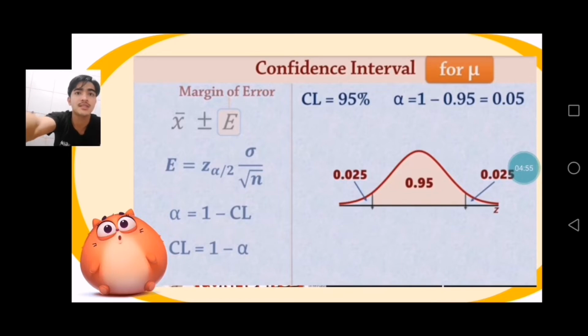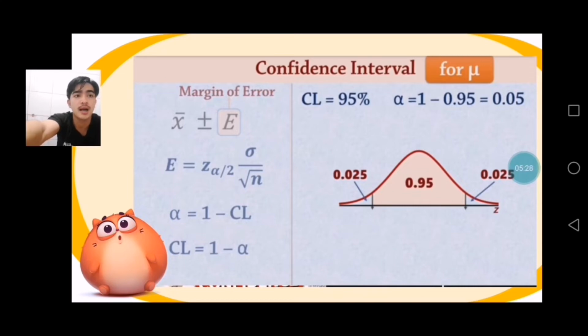The remaining alpha of 0.05 is divided equally into two tails, so divided by 2, you will have 0.025 each.